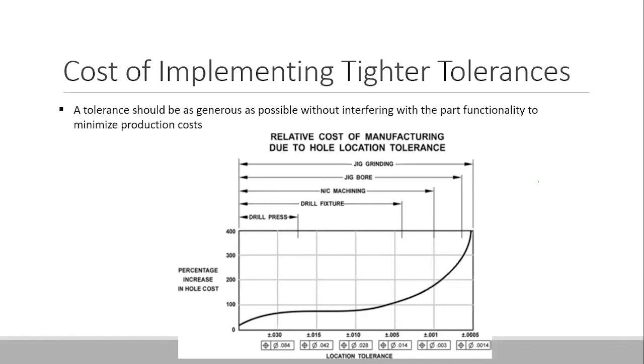If you think the coordinate dimensioning style alone will give you a functional part, just stick to that, because even then rule number 1 of GD&T still applies, which says perfect form at MMC. Even if you do not provide any GD&T symbol, the ASME standard says the part should have perfect form at MMC. So if your part is functional without any extra GD&T symbol, do not use it. But if you really need to control the form and orientation, you have the tools available and you can use them in your drawings.